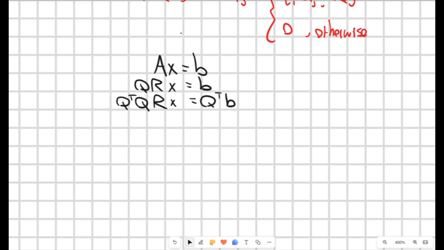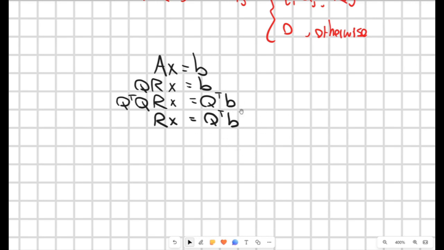The columns of Q are orthonormal by definition. So that means that Q transposed Q is just equal to the identity matrix. So we end up with R times x is equal to Q transposed b. And then on the right hand side, what we have is an n by n matrix multiplied by an n by 1, i.e. a column vector.